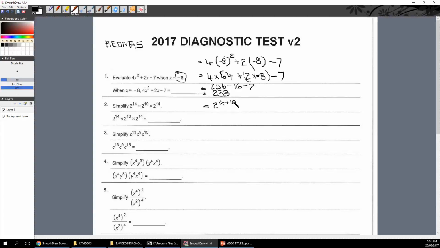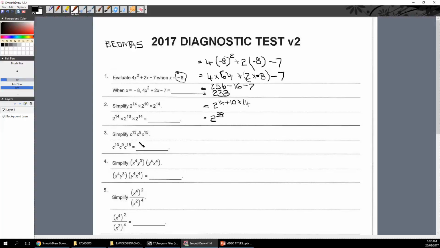The bases are the same, you can add the indices or the exponents, and that is equal to 2 to the power of 38.